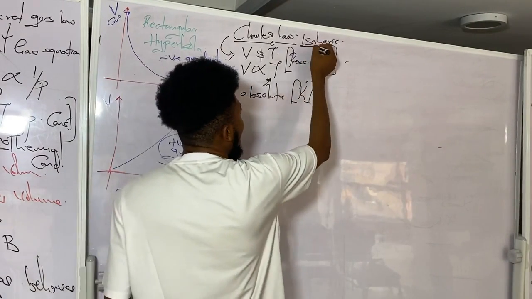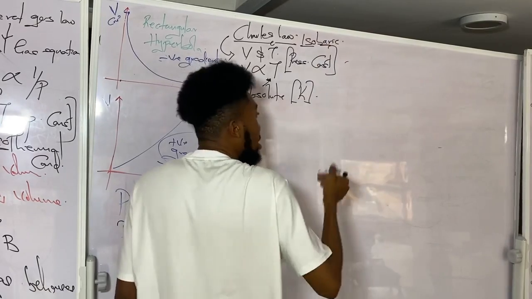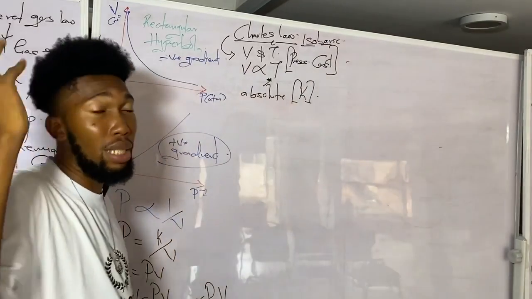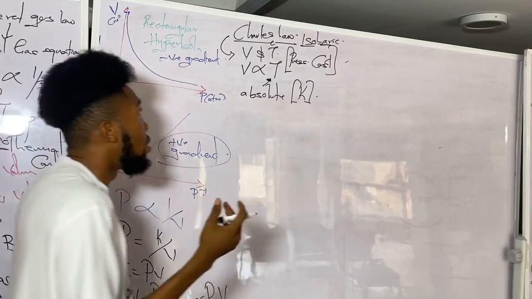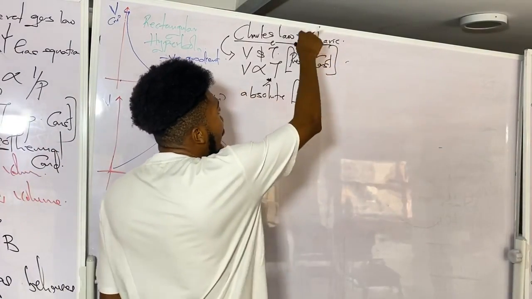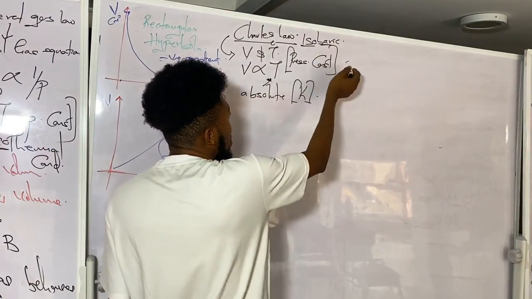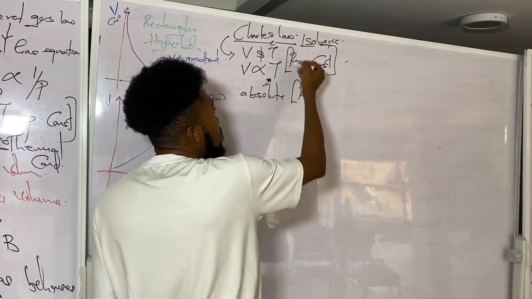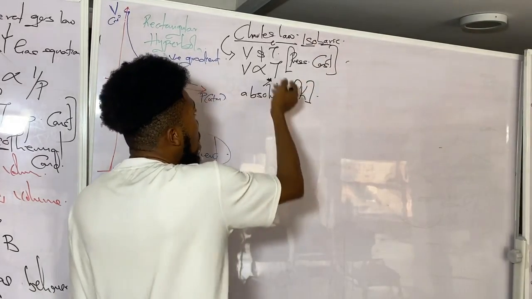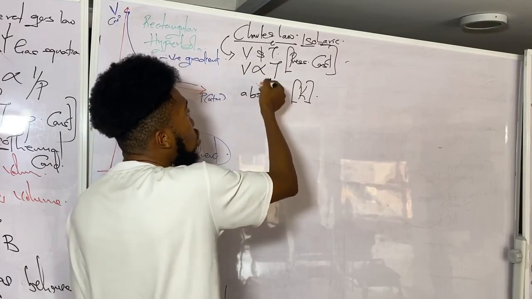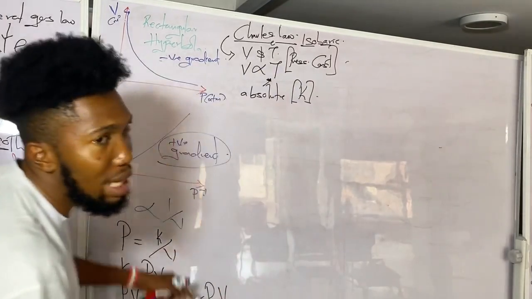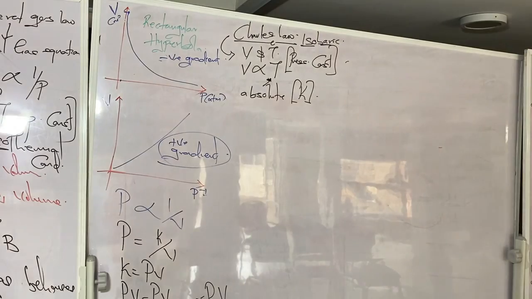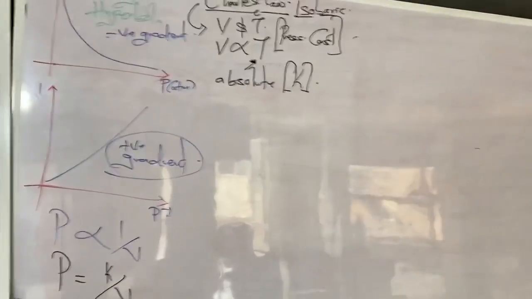Iso, like I said earlier, means constant, and when you hear the word bar, it can remind you of barometer, which is associated with pressure. That is the instrument for measuring pressure. So isobaric here means constant pressure, and that's what Charles' law is saying should be the condition, and then every other thing will be able to work given that this is constant. That is the indication of Charles' law.